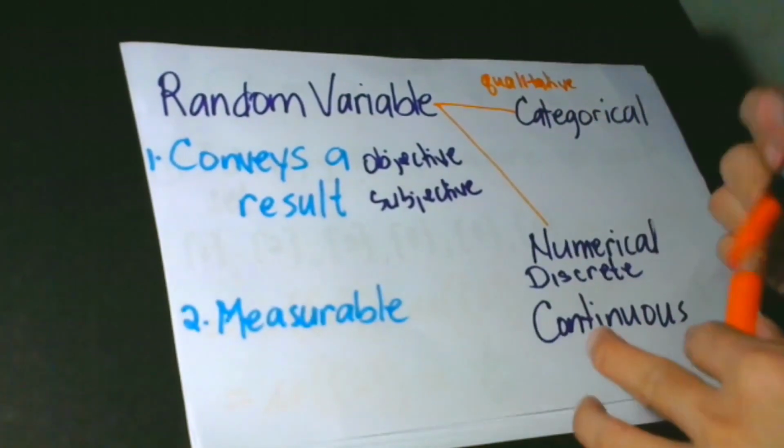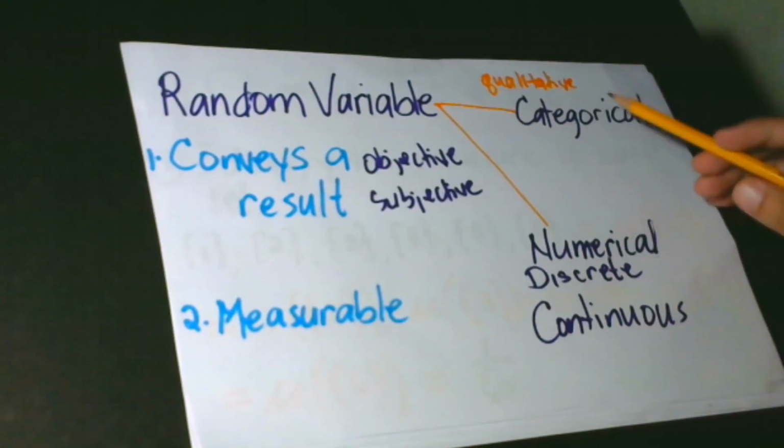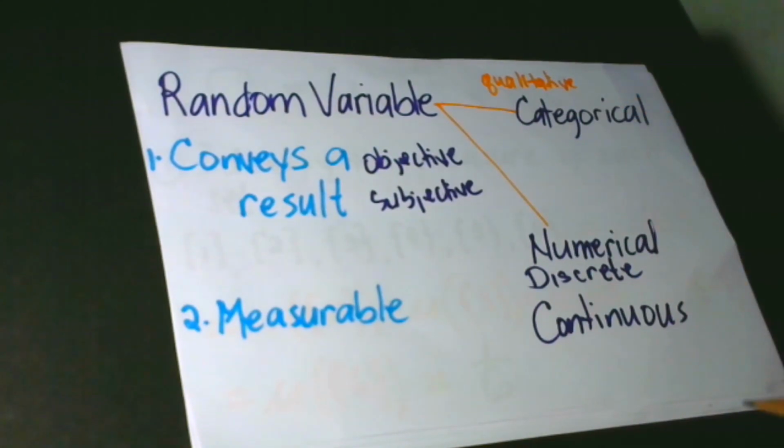So if you are asked about categorical variable, do not forget about qualitative, in short, quality. The most essential concept about it is that it can take only one of a limited and usually fixed number of possible values. Don't forget, limited and fixed number of possible values.